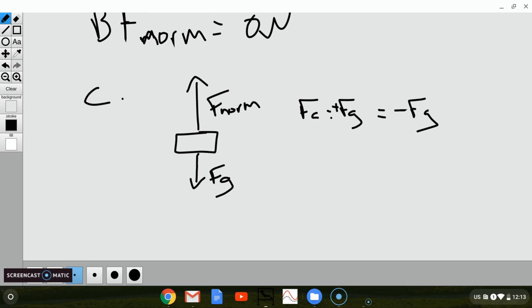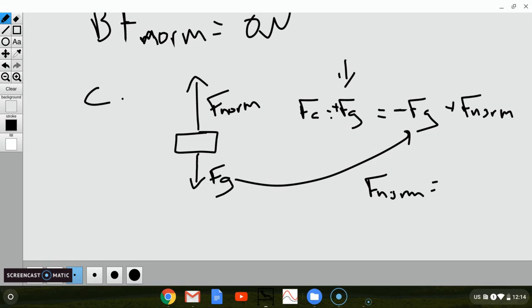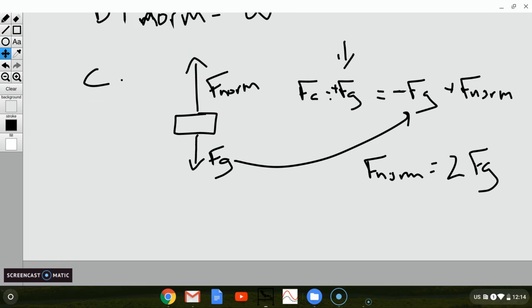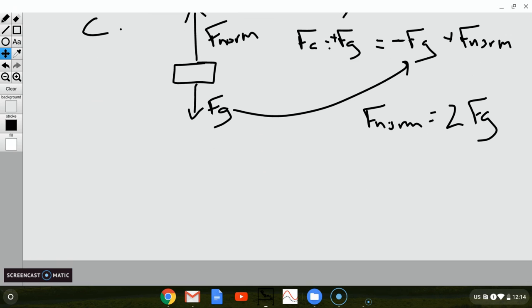Well, the force of gravity would be negative here, so here I'm just talking about magnitude, plus the F norm. All right, we solve for F norm, and what we get is it comes out to be 2 times the force of gravity. So at the bottom of the ride, the passenger feels twice as heavy as they normally would. So that's what they feel at the bottom of the ride.